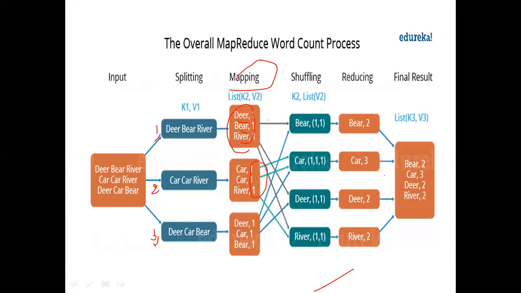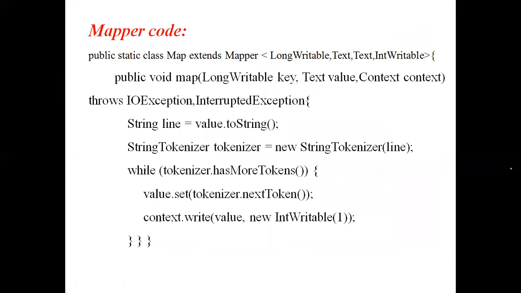The output of the mapping function, that is k2 v2, is string comma integer. That's why when we observe the mapping program, for this map class, the input key comma value pairs are LongWritable comma Text. Text is nothing but Java string. In Hadoop, Text is nothing but string in Java. LongWritable in Hadoop is nothing but the long data type in Java. Long is nothing but integer category only. So integer data type and string.